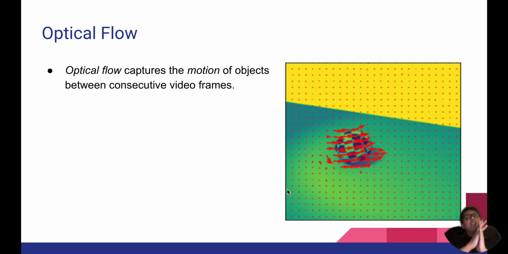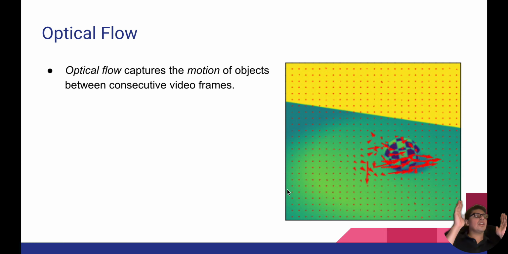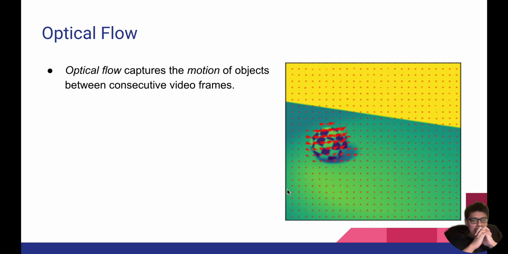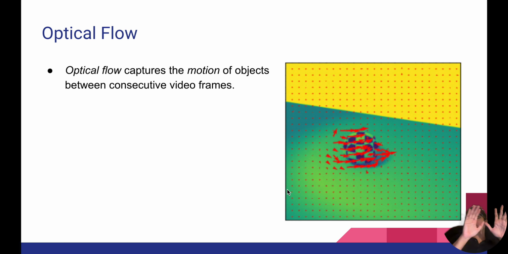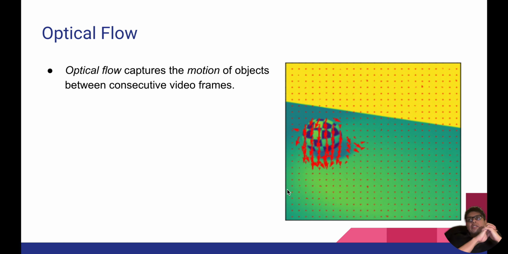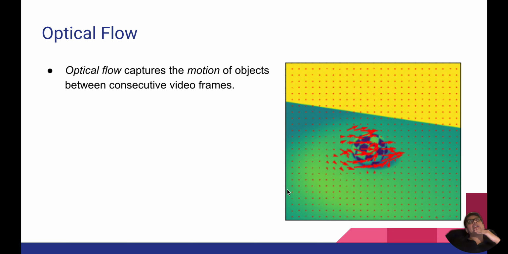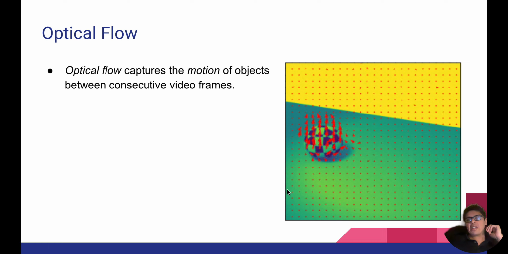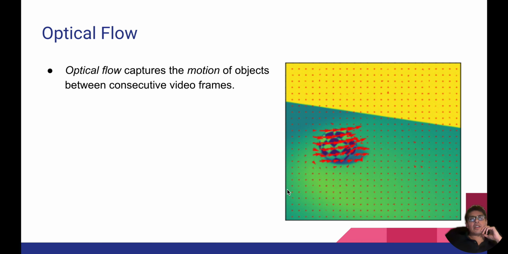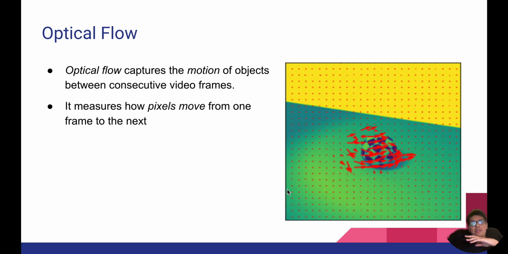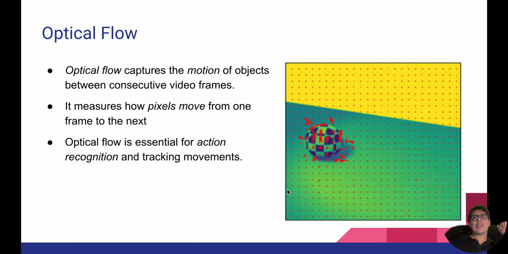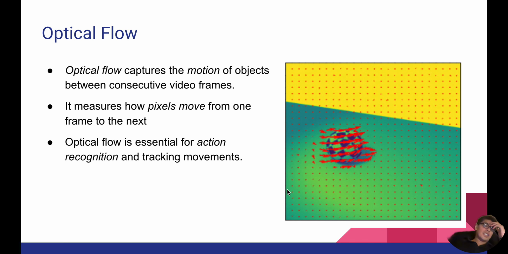Optical flow has been around for a long time, and it has been one of the ways that classical video detection has been able to do things like motion tracking. In some sense, this is related to mean shift tracking, which I described earlier. And again, it describes how a pixel moves from one frame to the next. Optical flow is essential for action recognition.